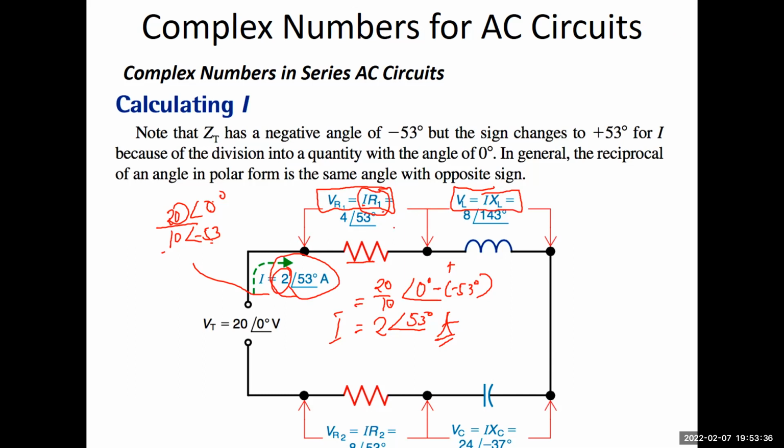And this is how you determine the voltage drop across the resistance R2, that is I times R2. And this is how you determine the voltage across the capacitor, which is equal to I multiplied by XC. Is it clear?